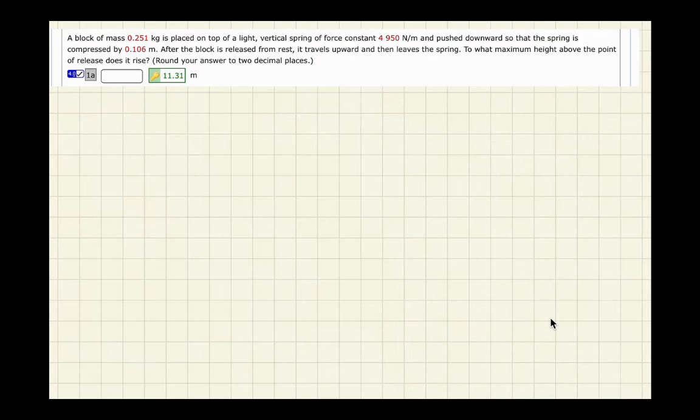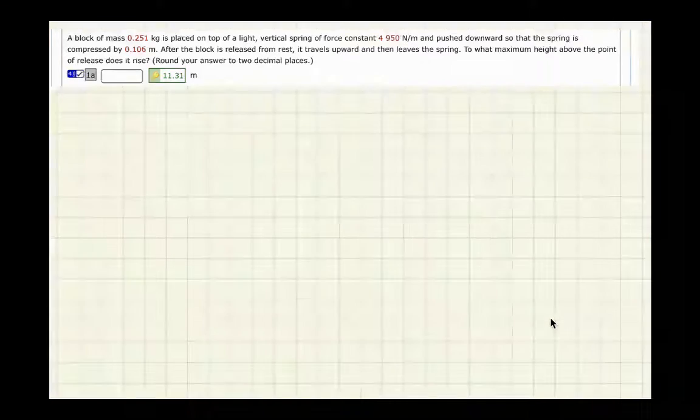One thing about the WebAssign stuff is that anything that you see on the screen that is highlighted in red is a variable number, and so every student is going to get a different number value substituted in that place. So for that reason, it doesn't necessarily make sense for me to solve all of these problems all the way through and calculate final values of answers.